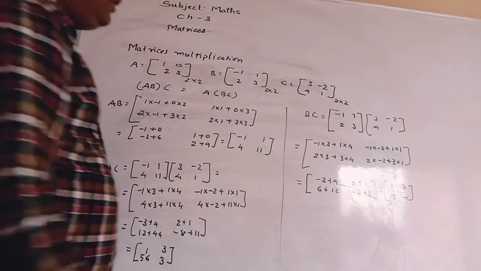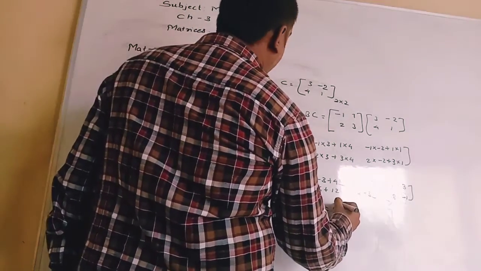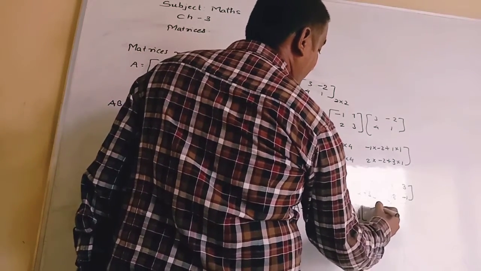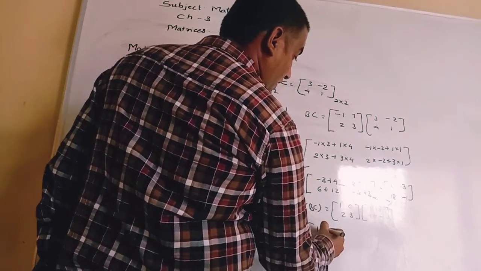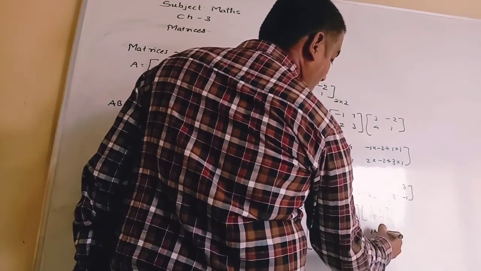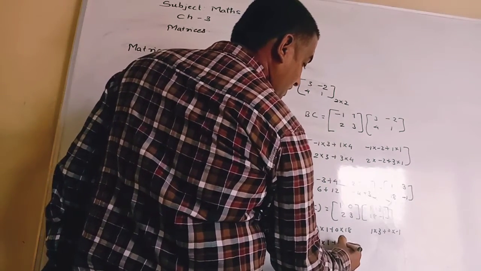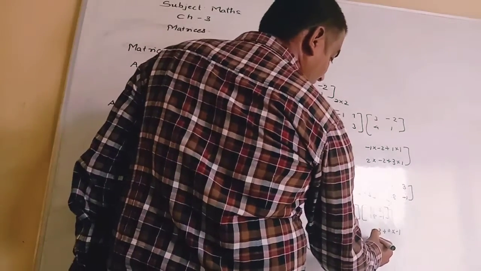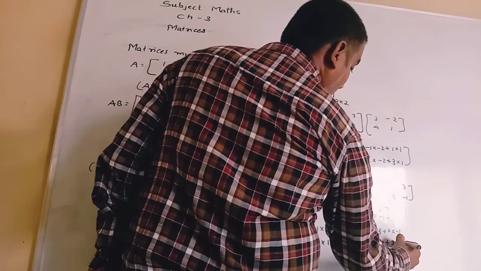Now we want A into BC, so it will be 1 0 2 3 multiplied by 1 3 18 -1. So it will be 1 into 1 plus 0 into 18, 1 into 3 plus 0 into -1, 2 into 1 plus 3 into 18, and 2 into 3 plus 3 into -1.